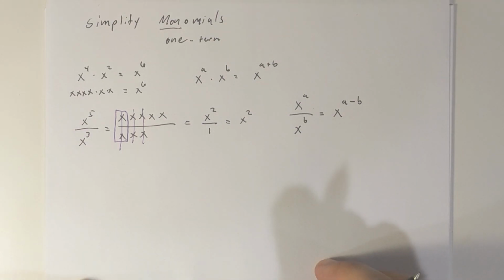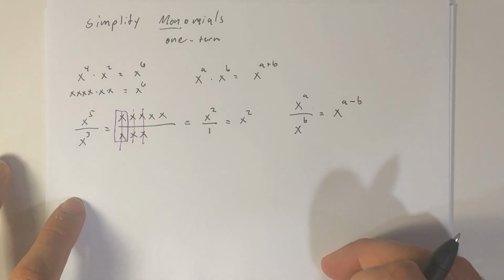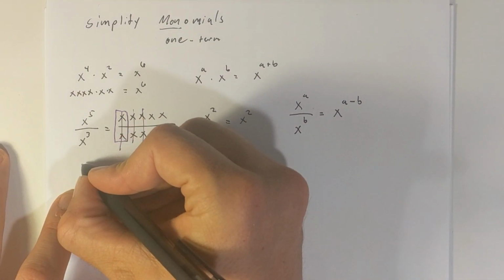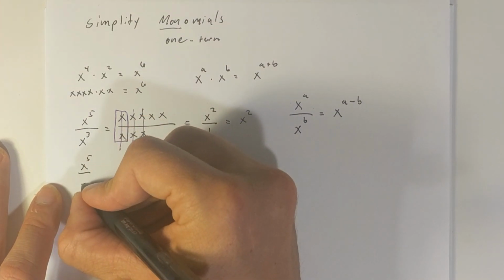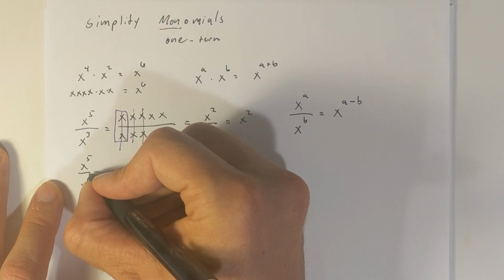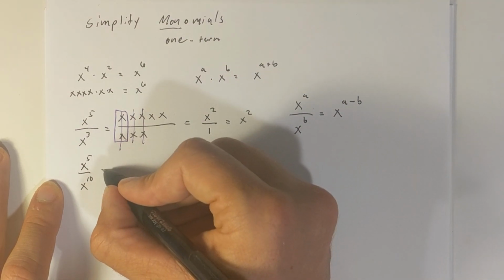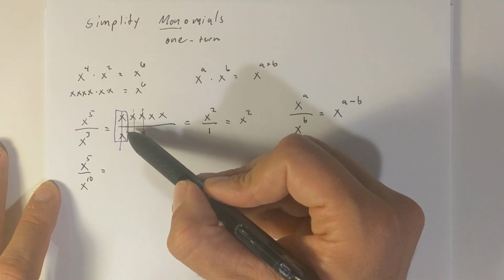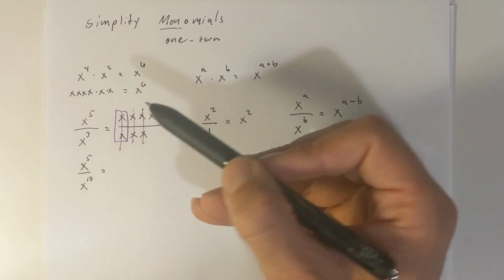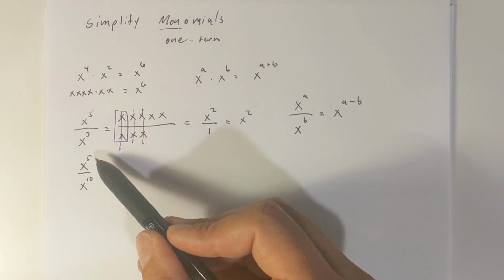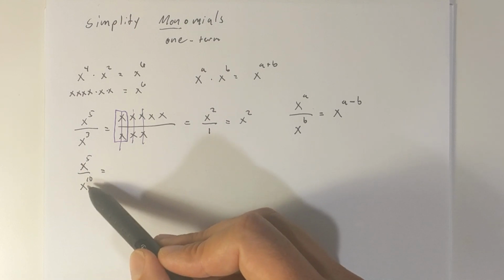What if, so let's go over this real fast though. What if I flip them and I say x to the fifth over, let's do x to the 10th, something like that. Well, same idea, right? We can cancel out all these pairs. Now, how many pairs of them are there? Well, there's 5 x's on top and 10 on the bottom.